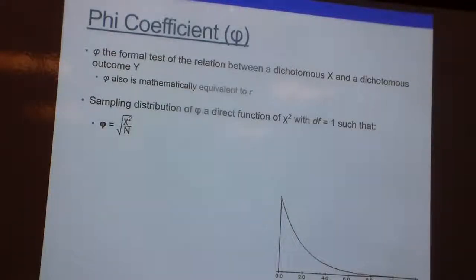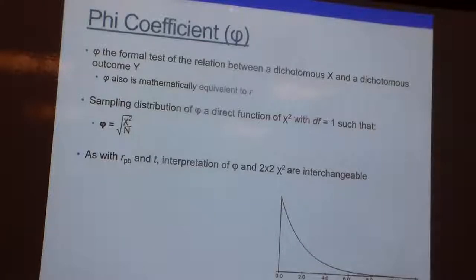The sampling distribution for Phi is a function of chi-square with 1 degree of freedom. Okay, and just as we had with our point biserial and r and t, we interpret our Phi coefficient and a 2 by 2 chi-square as interchangeable.